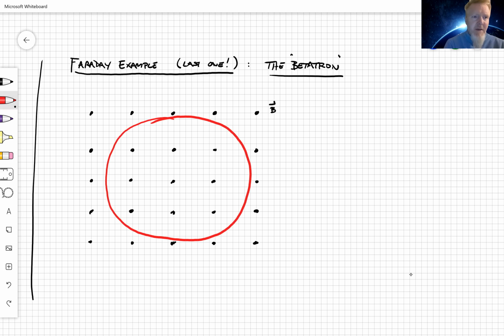Okay, so here's my electron orbit, and it's circulating around, but we don't know which way. Okay, so let's try and find out.